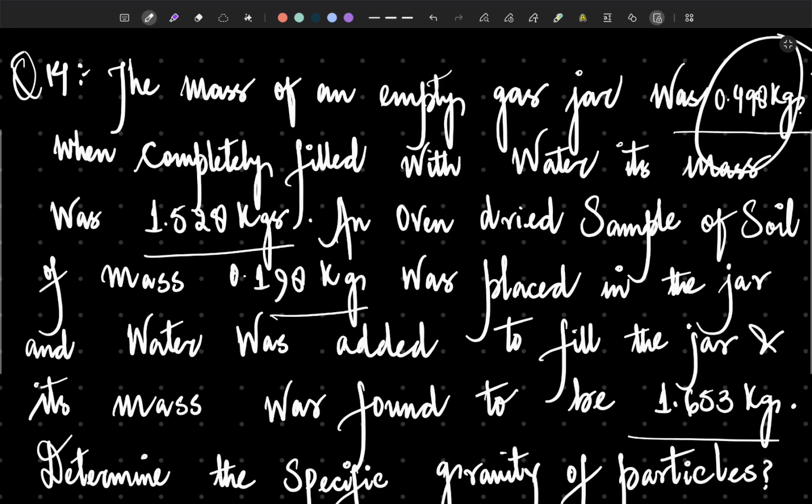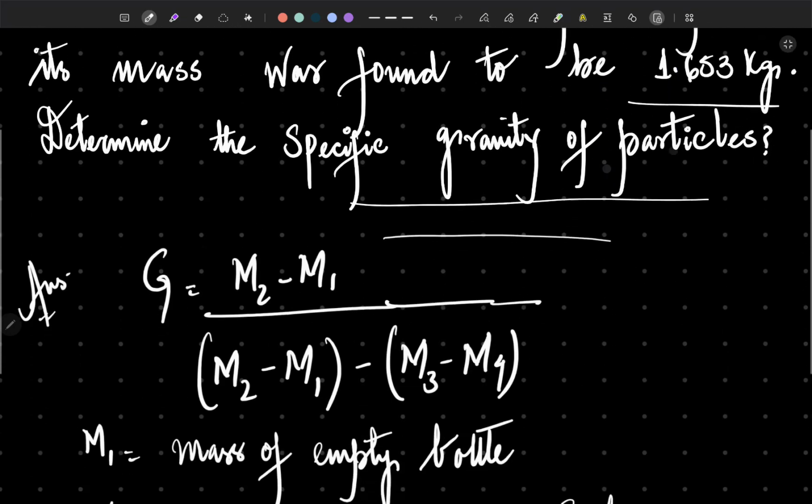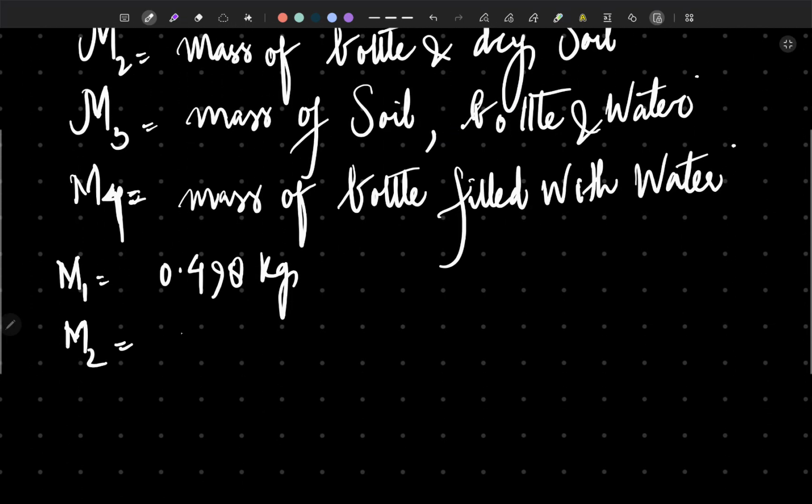Now m2 is the mass of the bottle and dry soil. The mass of the empty jar is 0.498 kgs. When an oven dried soil sample of this mass was placed in the jar, that means this plus this is m2. m2 is 0.498, the mass of the empty bottle or jar, plus the dry soil, because it's well given in the question itself.